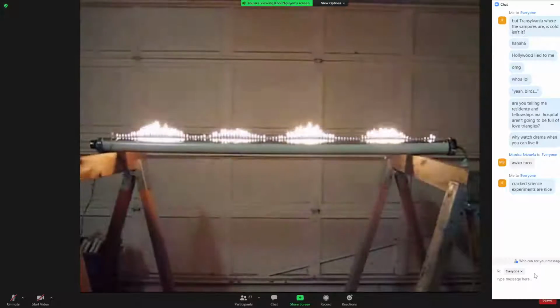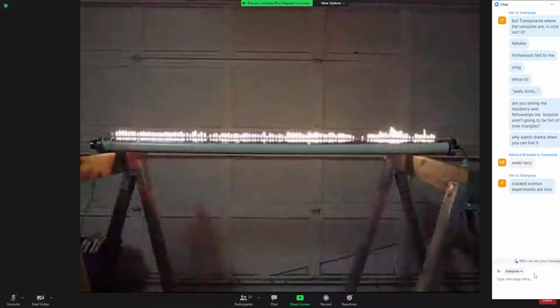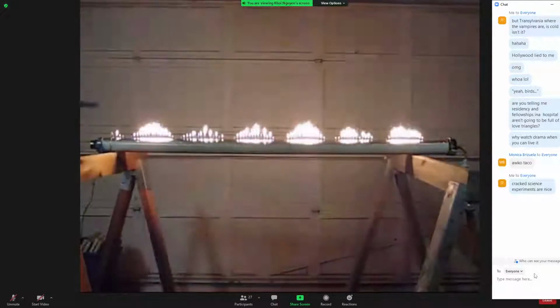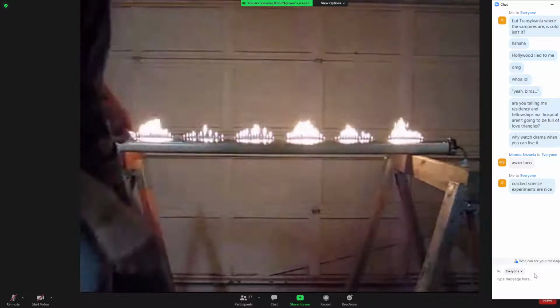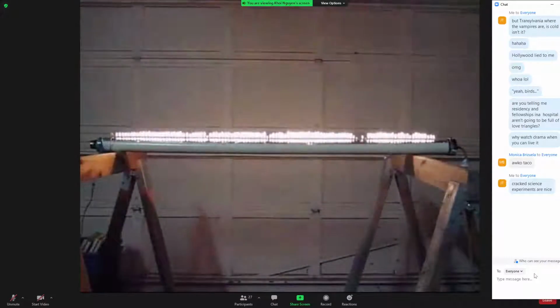Now, if we change the frequency, we can see each time we set up a standing wave, we get that sine curve. The higher the frequency, the more waves. Now let's throw some music at this. How about some Dave Brubeck?